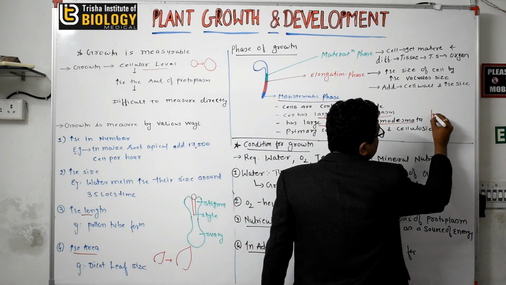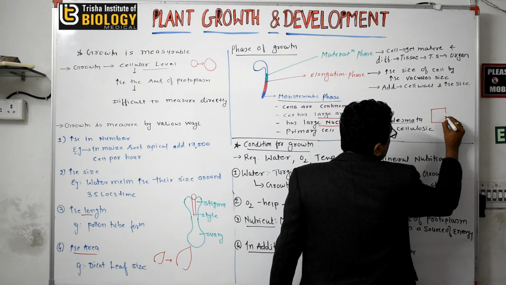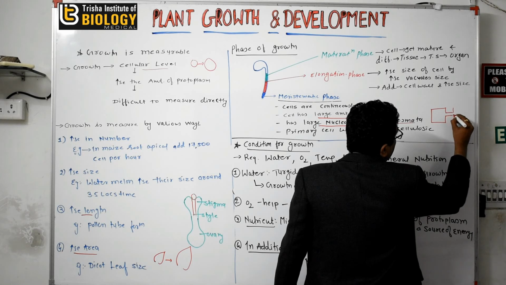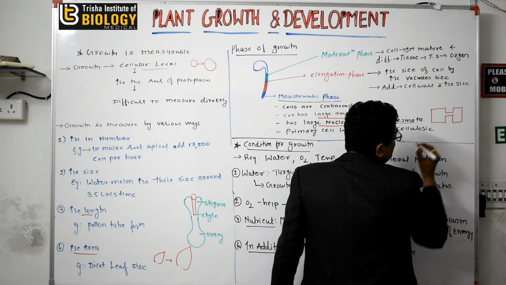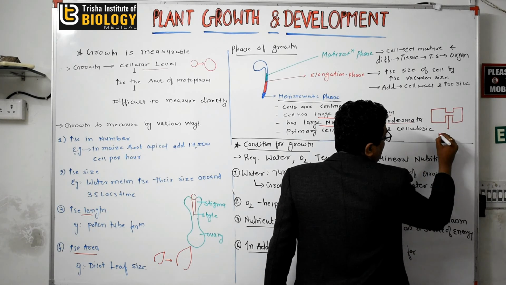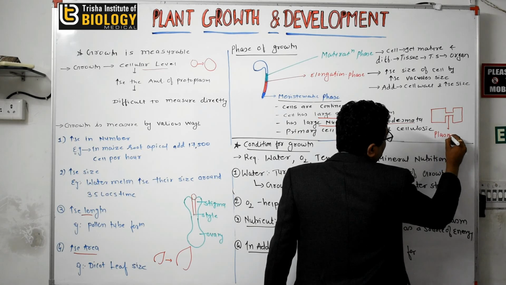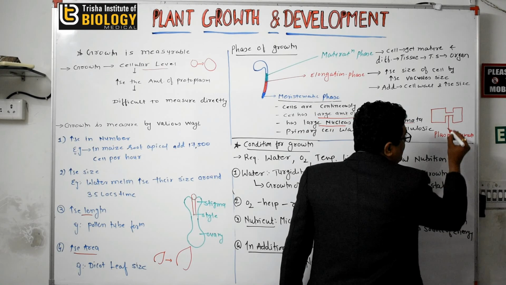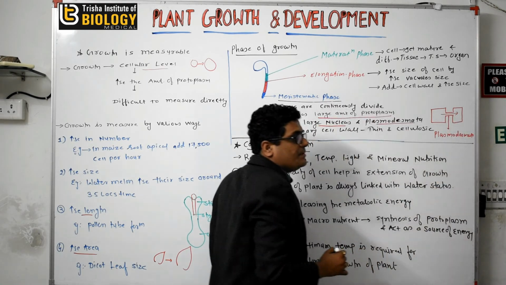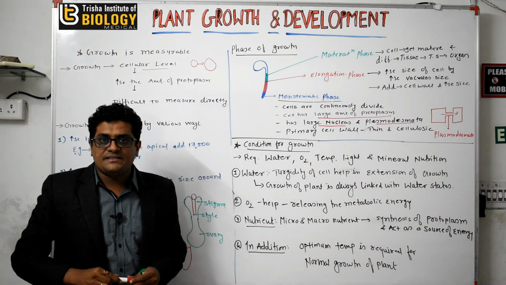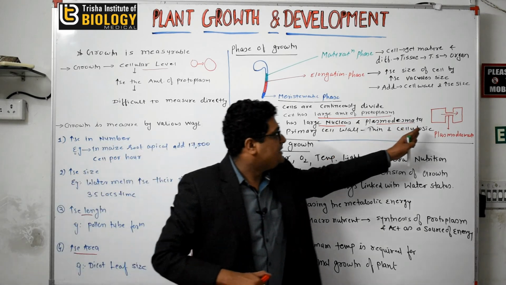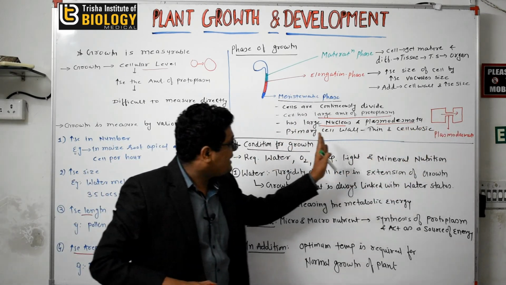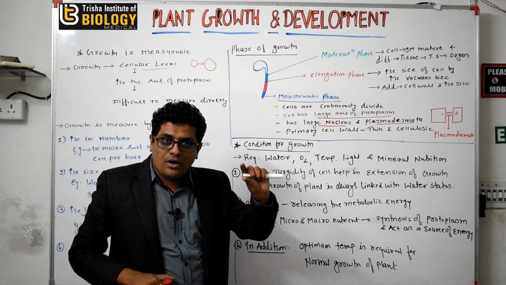Plasmodesmata is a connection between two plant cells through their cytoplasm. This plasmodesmata is responsible for the transport of water as well as other minerals from one cell to another cell. And the fourth characteristic is the cell wall.